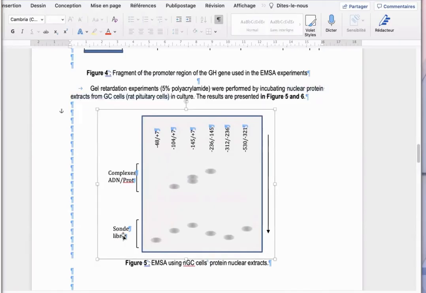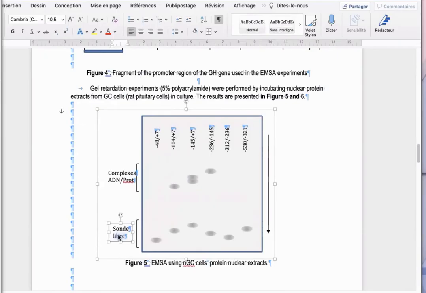Sorry, this one is in French, so it's free probes. Sorry, I changed it. And this is complexes of DNA and protein on the top. So we have 6 lanes, okay? In every lane, the numbers on the top are the position of the fragment used as a probe.